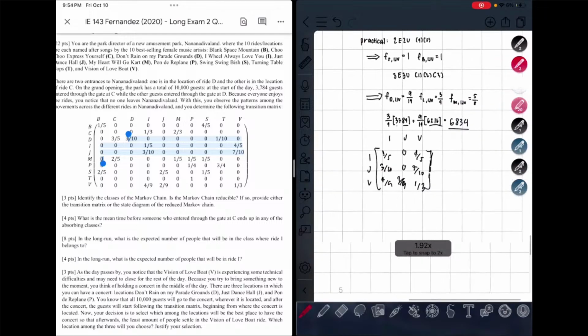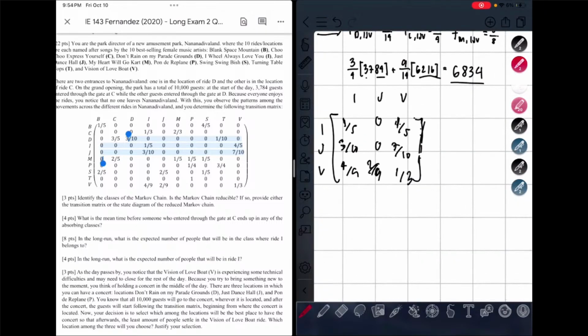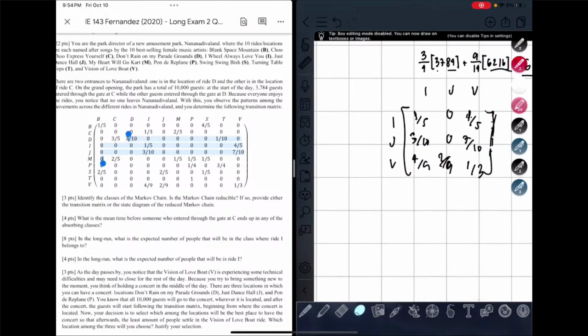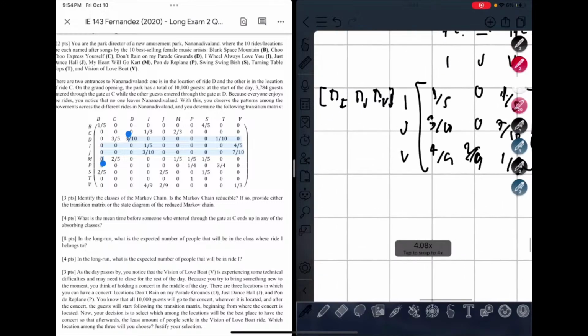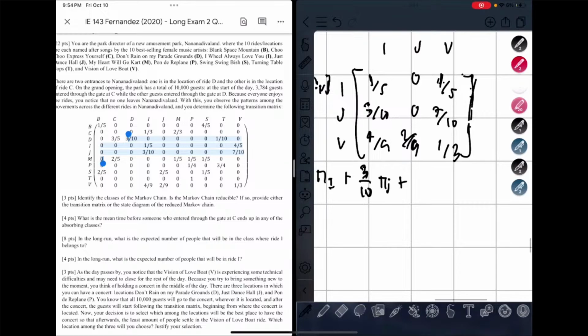Okay, and then multiplying this with the transition matrix. So pi I, pi j, pi v, your steady state matrix here. So when you do that, what comes out is you have 1/5 pi I plus 3/10. Sorry guys, I have to replace the tip of this pen. 4/9 pi v equals pi I, right?